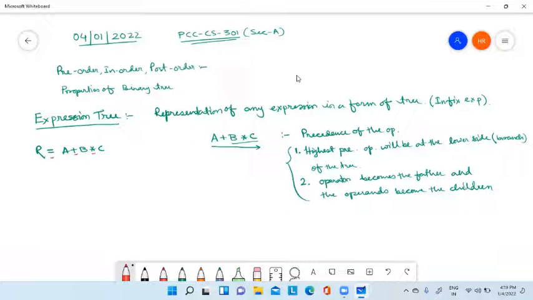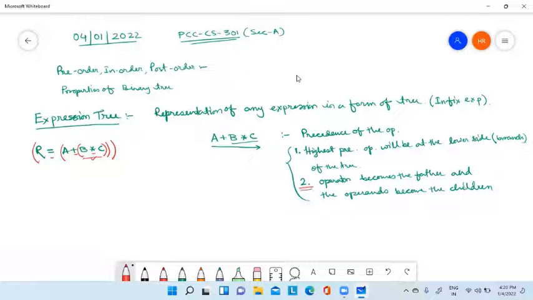So according to precedence, this will be executed first, then this one, and finally this one. Which one has the highest precedence? Obviously this one. So first we have to execute this, which means the tree will be created first with the lower branches, then we will go upward.